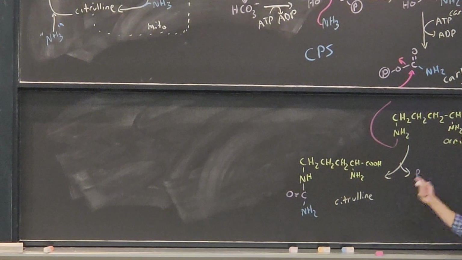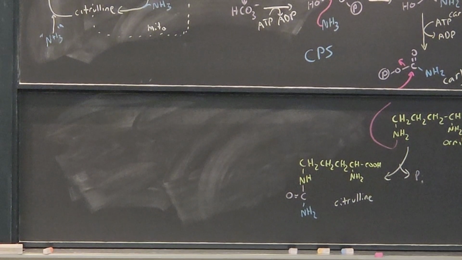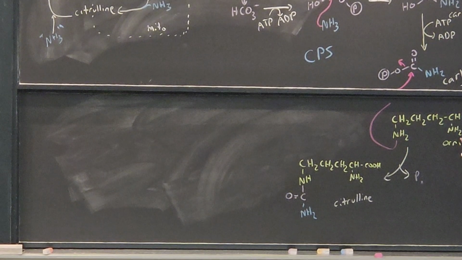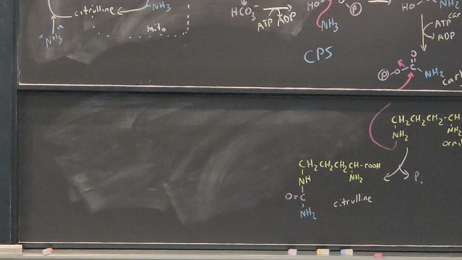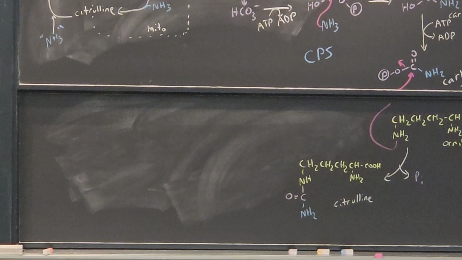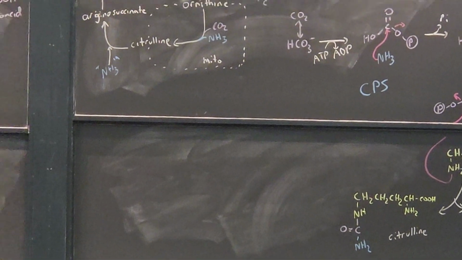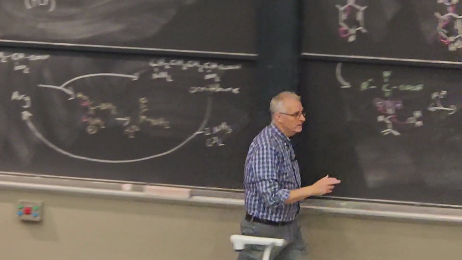And then that citrulline will go out to the cytosol, and a series of reactions that I don't have time to tell you about in 2 minutes, I'm not even going to try, you'd end up generating arginosuccinate. Ultimately, that arginosuccinate can lead to adding another nitrogen. You get arginine, and then arginine can release urea, regenerating ornithine.